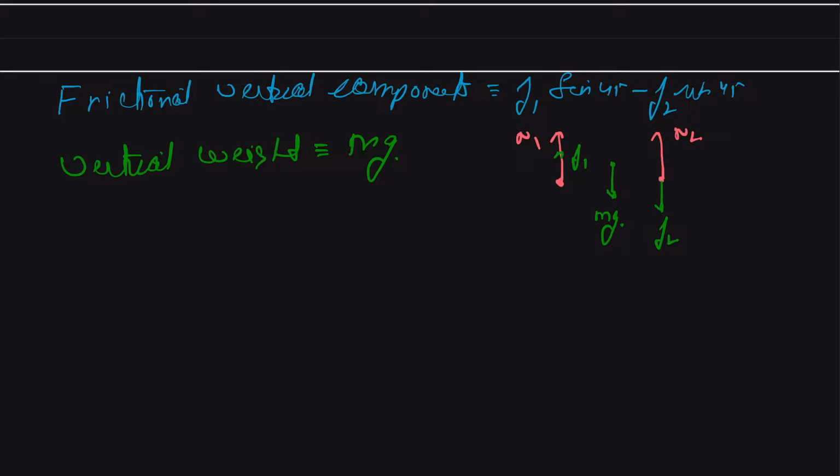Therefore, this is N1 x component, F1 x component, N2, sorry, not x but y component, y, and y component.